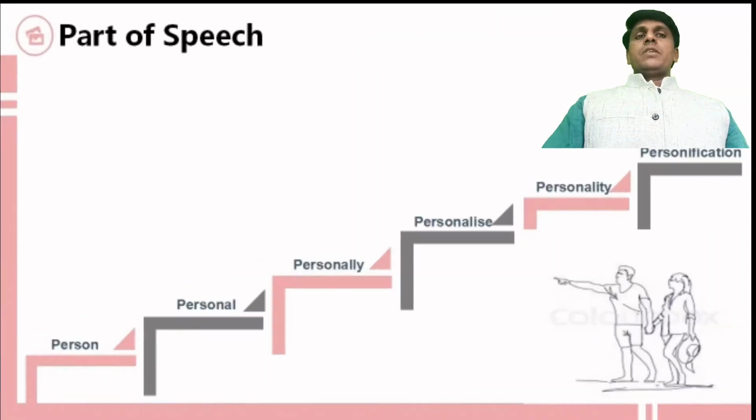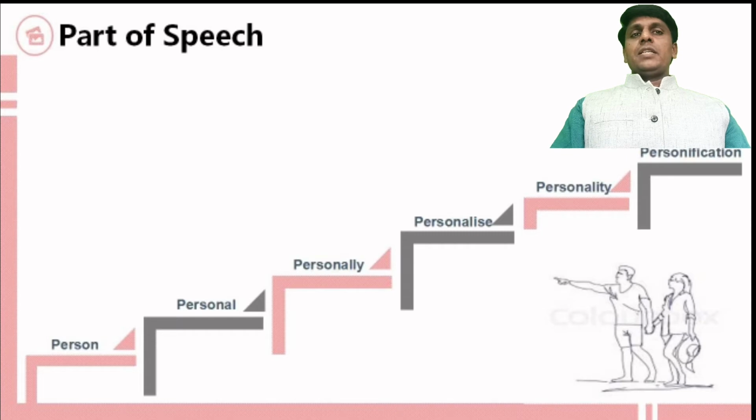Then the third dimension we have to discuss in this video is part of speech. Again, many doubts. What is there to study in part of speech? What will happen if I know the part of speech of words?